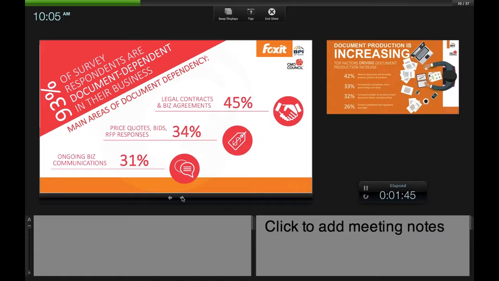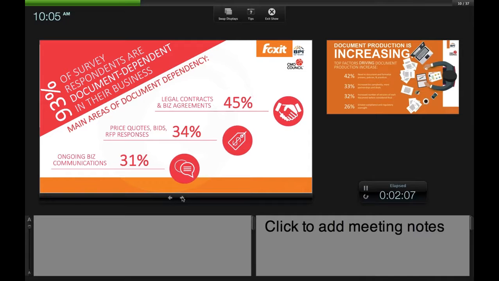And in fact, some 93% of respondents said they consider their business and their jobs dependent on documents. And interestingly, 90%, almost the same number, said that they were dependent on PDF technology as well.